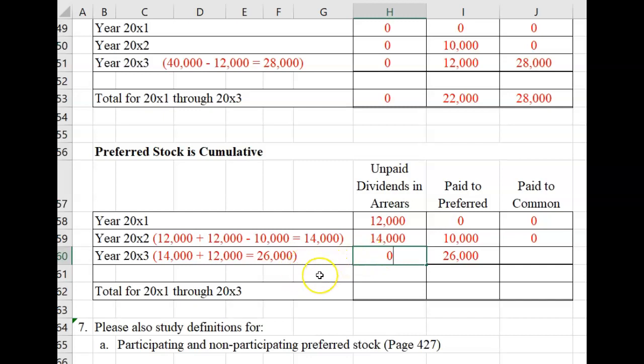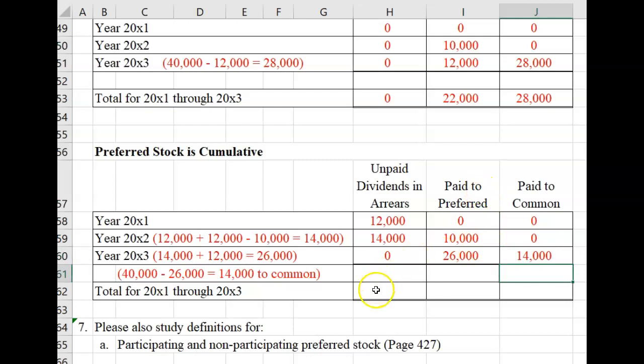Now the question is, how much do we need to pay to our common shareholders? Well, remember that preferred shareholders have a dividend preference. They get paid their full dividend first, and anything left over gets paid to common. Well, there was $40,000 of dividends paid, minus the $26,000 we allocated to our preferred shareholders, means that the $14,000 left over goes to the common shareholders.